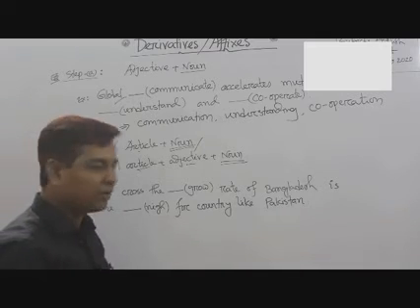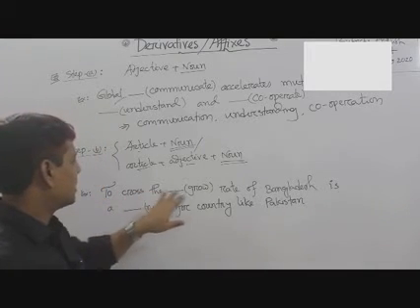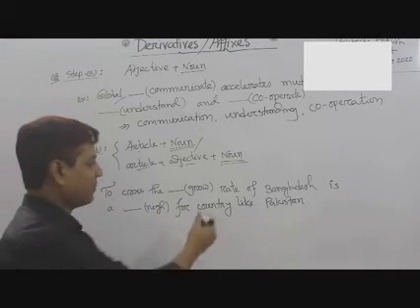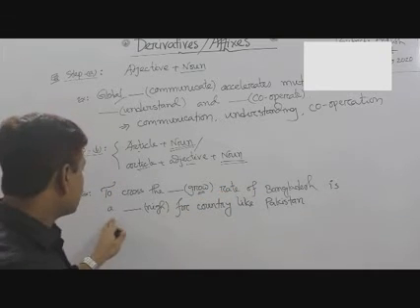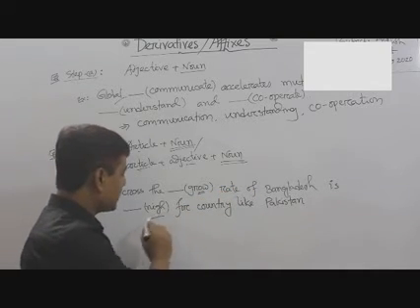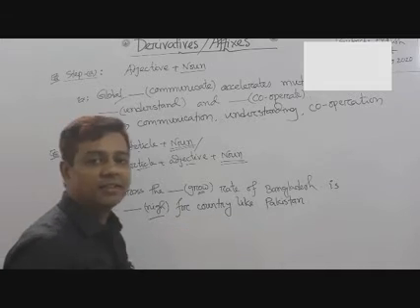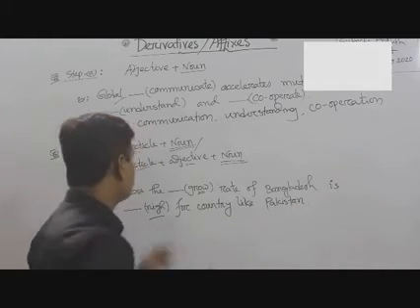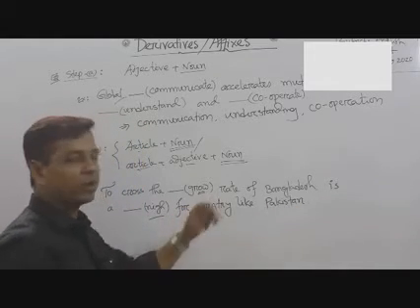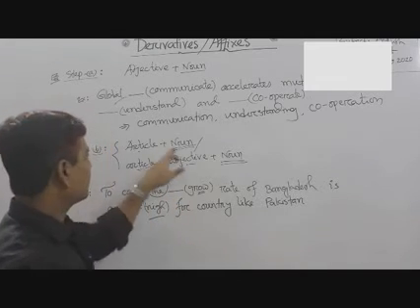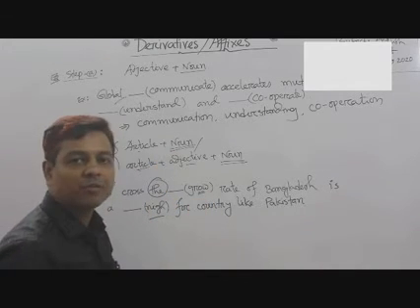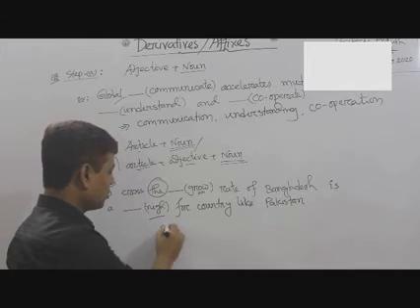So let's go through the example. To cross the (grow) rate, here the parenthesis is grow, rate of Bangladesh is a (night), parenthesis is night, for a country like Pakistan. To cross the grow rate, here the article is the, and we have to use article plus noun. The noun form of grow is growth.